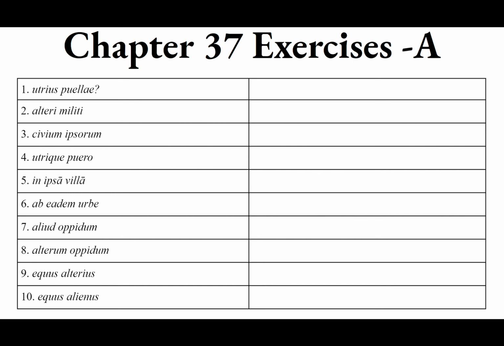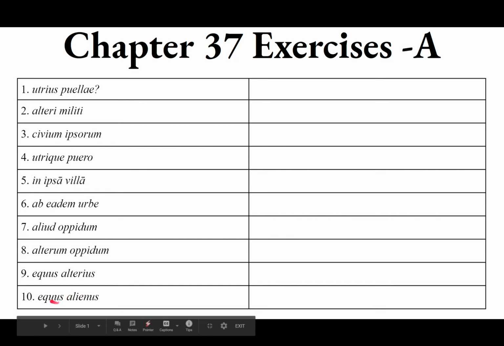Typically, we use the adjective alienus to stand in for the genitive, and sometimes the dative of alius, alia, aliud. So the adjective is alienus, and you can see the word alien there, which means different or another person's. So this is equus alienus. It stands in for the genitive of alius, alia, aliud.